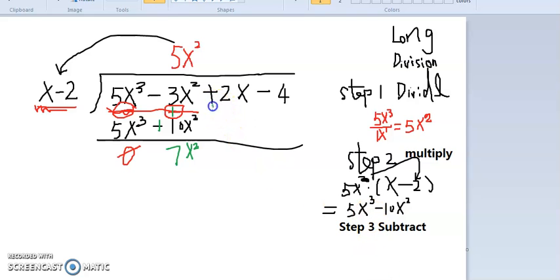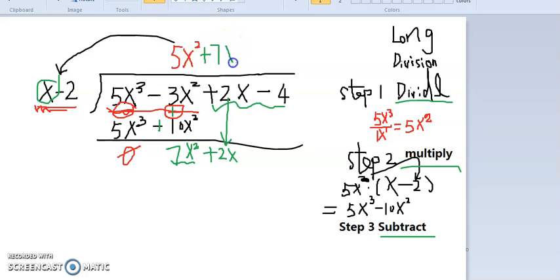And because we have 2 more terms that we haven't done, we've got to bring down the 2x and repeat these 3 steps again. Divide, multiply, and subtract. This time I'll try to do it in my head. We're going to take x into 7x squared here. As you can see, 7x squared divided by x gives us 7x.